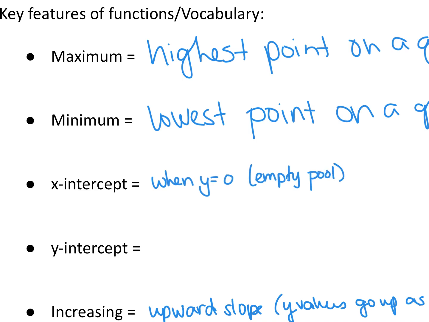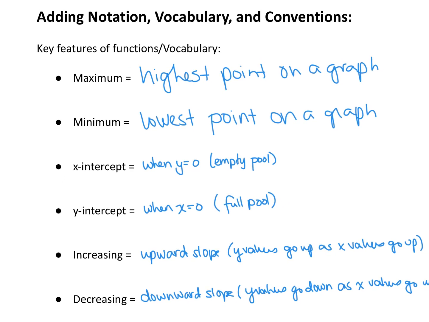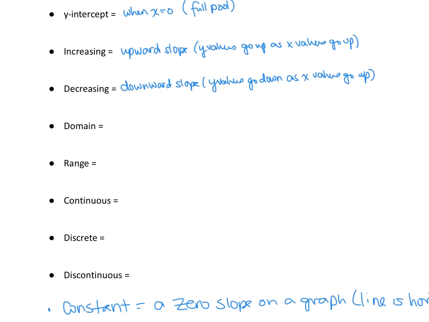Okay, and so that was our x-intercept. Our y-intercept was when we had our full pool. That was when x was 0. Full pool. All right. How many more do we have? Let's see. Okay, looks like we've got about 5 more.